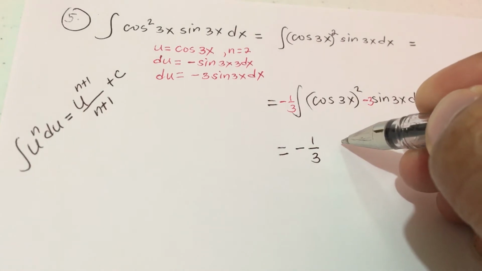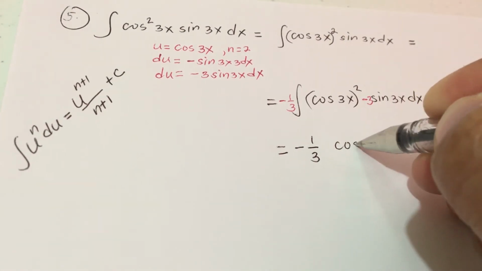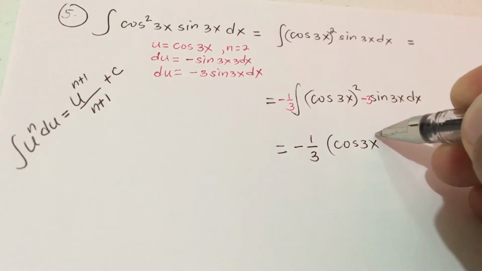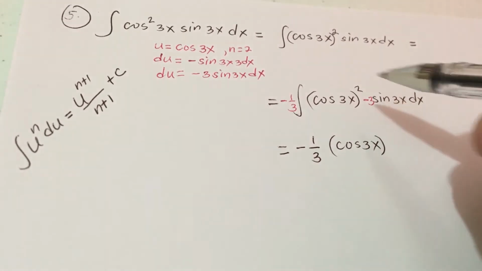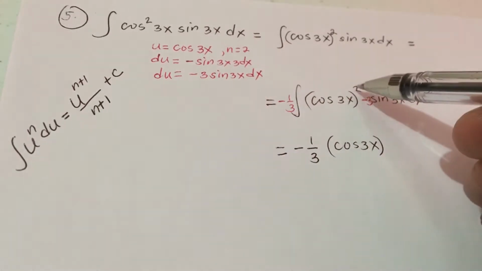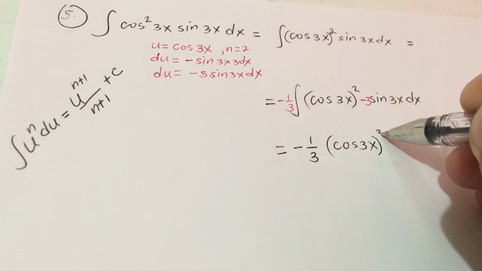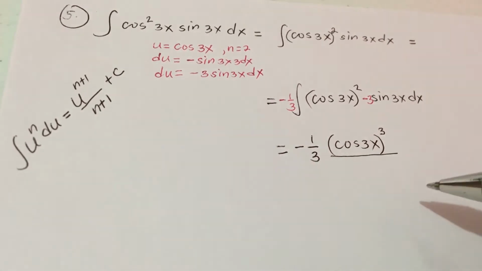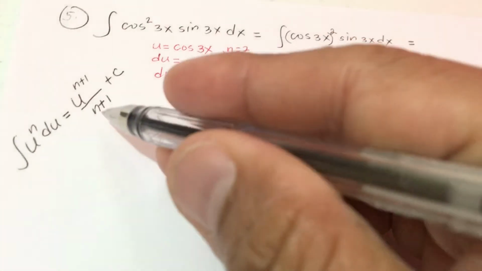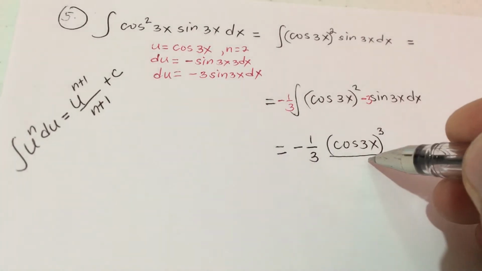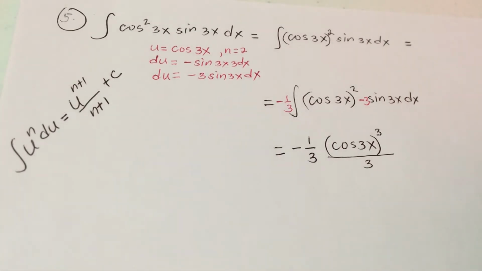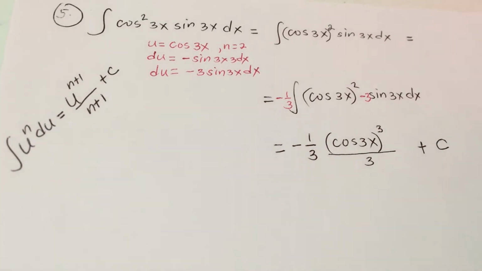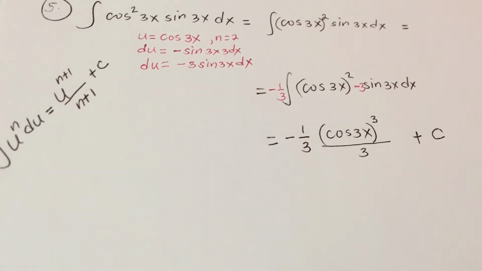Our u is cosine 3x raised to power n plus 1. Now n plus 1, so 2 plus 1, is equal to 3. Then divide this by n plus 1, which is equivalent to 3. Then plus our constant of integration.